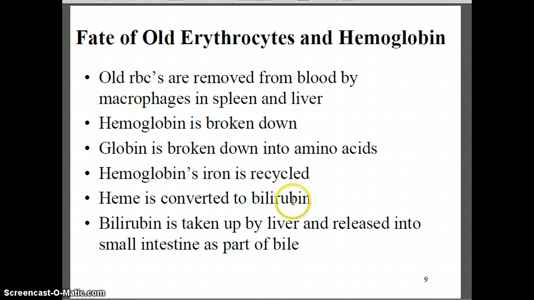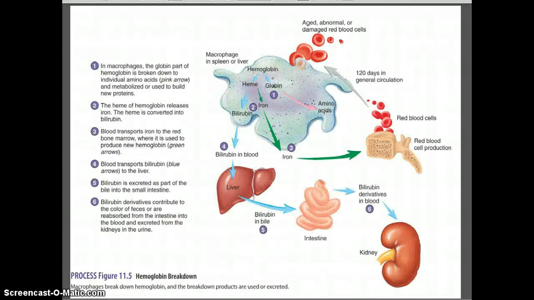Heme itself is converted to bilirubin, and the bilirubin is taken up by the liver and released into the small intestines as part of the bile. So we have in our own bodies many examples, and this is a really good one, of recycling and reusing. So we could say, perhaps to have a little pun here, that we have green going on in our bodies. Here, this is diagrammatically the hemoglobin breakdown.